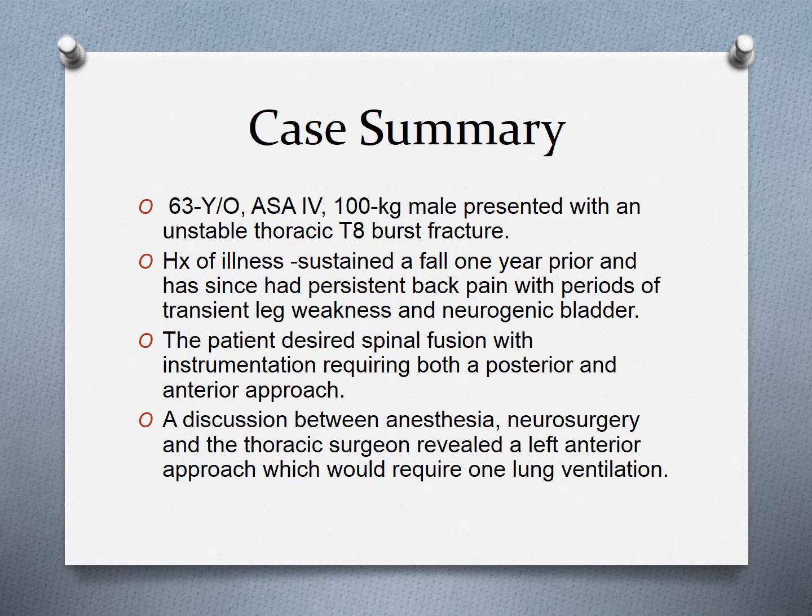The patient desired a spinal fusion with instrumentation requiring both a posterior and an anterior approach. A discussion between anesthesia, neurosurgery, and the thoracic surgeon revealed a left anterior approach, which would require one-lung ventilation for the beginning of the procedure and a prone position for the end of the procedure.